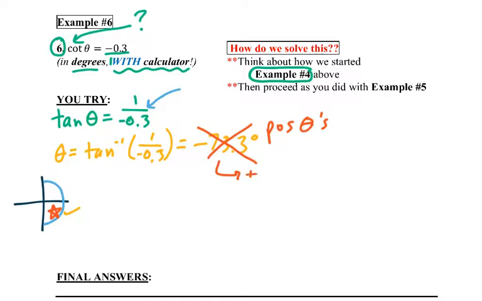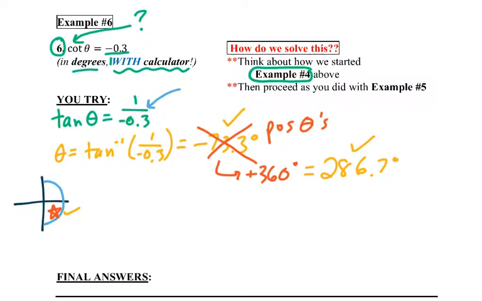Best way to do it is just coterminal. Let's just add 360 degrees to that. And I get, really, my first answer, folks, is 286.7 degrees. Negative 73.3 is good, but because the instructions say no negatives, please, we have to write it as a coterminal positive angle. There's my first one.